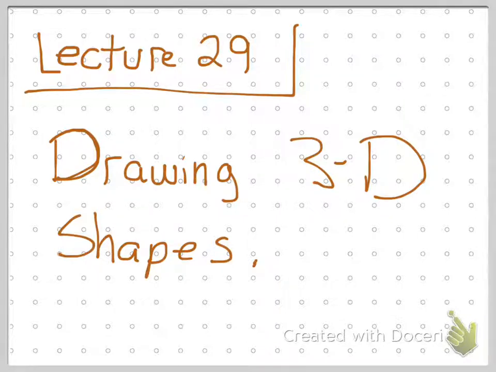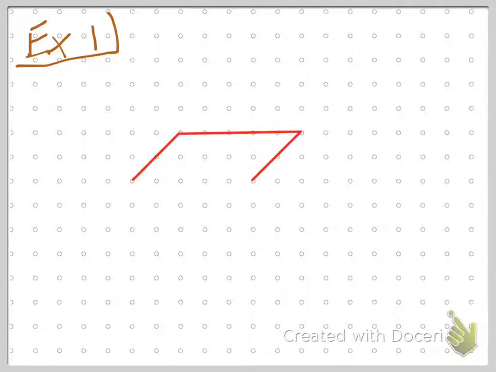What I'm going to do is this first example, I want to draw a 3D shape. Alright, and let's do this in red here. Let's connect these points here and here. Sorry if I'm not talking much, I'm just really trying to be precise in this drawing.